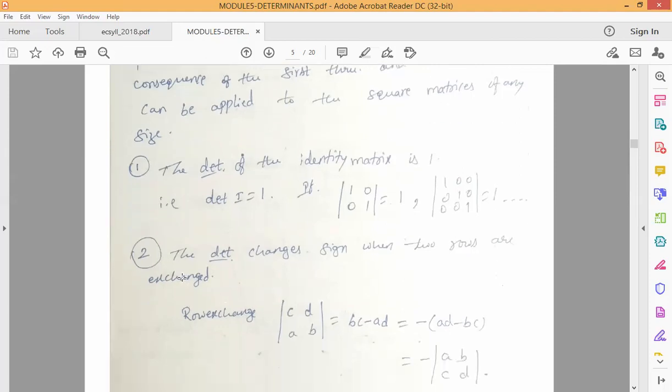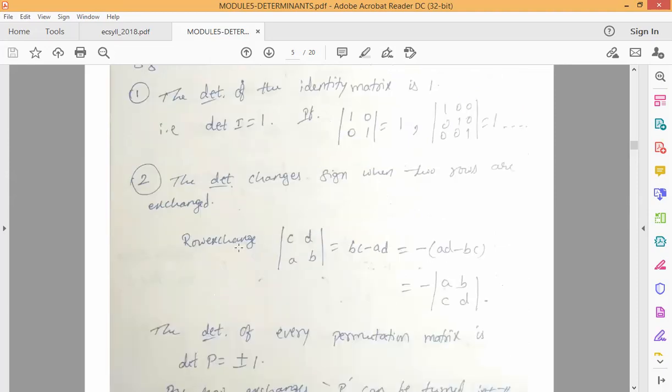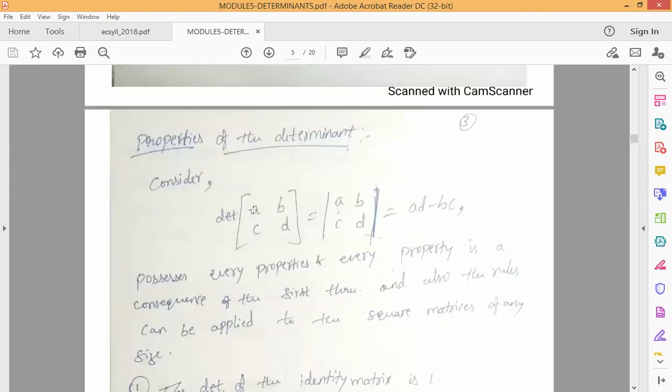And next, the second property is that the determinant changes the sign when 2 rows are exchanged. For example, here we have the original matrix A, B, C, D, for which we have obtained the determinant value as AD minus BC.